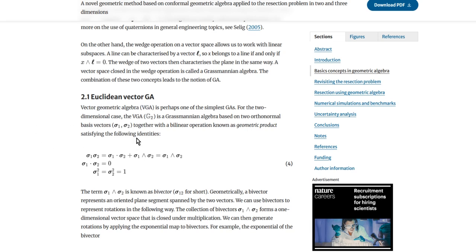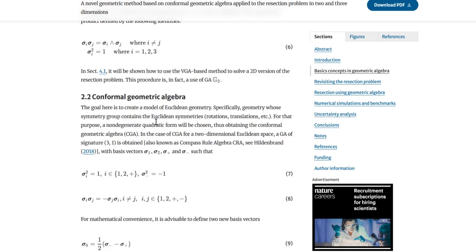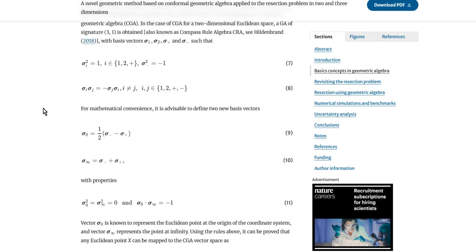It's kind of the plain vanilla version of geometric algebra. And the second solution is by conformal geometric algebra, which is quite an overpowered technique for a problem like this, at least in the two-dimensional form. But this article will help to show how to use it also for three-dimensional problems.